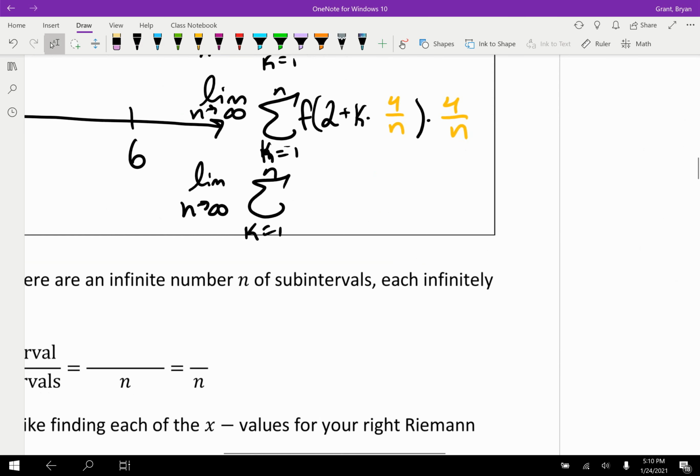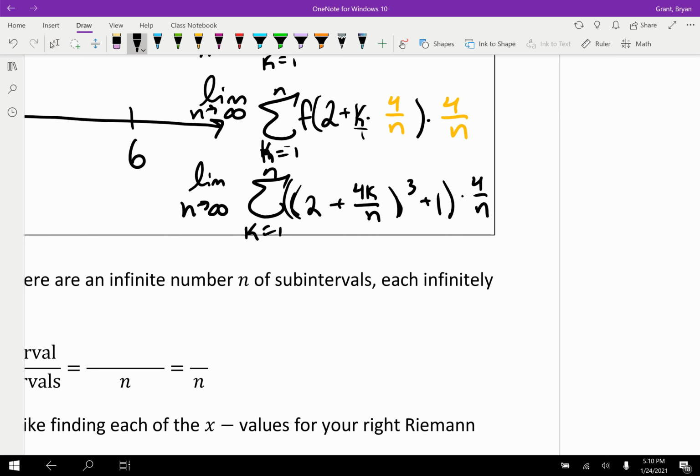So, zooming in, we have this 4 over n at the end, and then we have x cubed plus 1. What am I substituting in? 2 plus, and if this is k over 1, let's write that together, 4k over n. And that's it. That's all you're required to do.